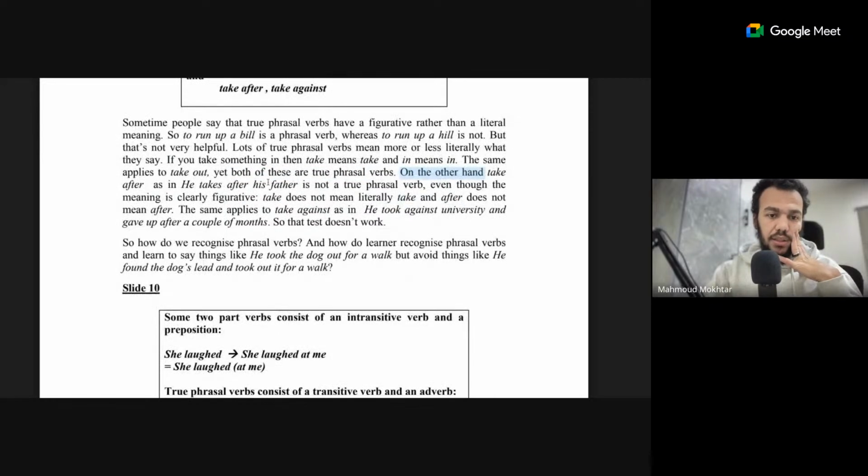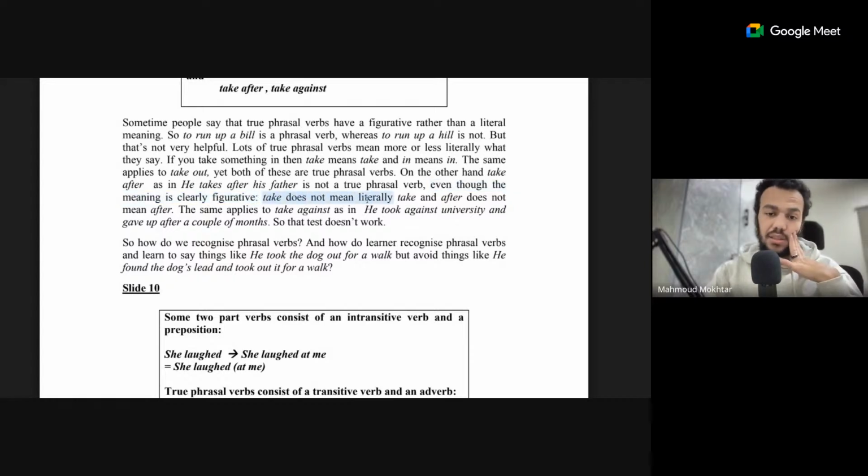On the other hand, take after, as in he takes after his father, isn't a true phrasal verb, even though the meaning is clearly figurative.